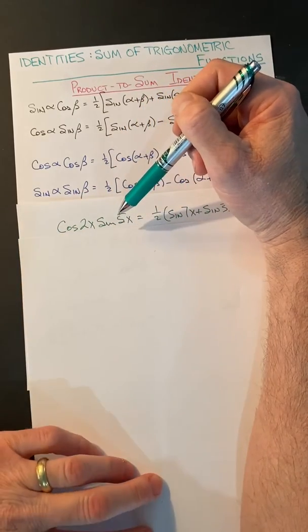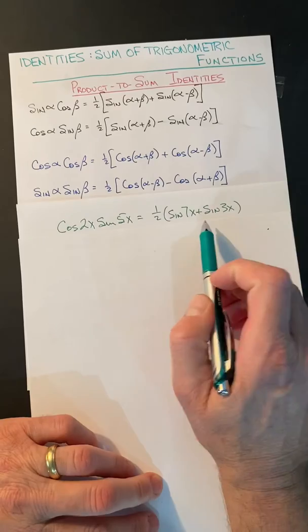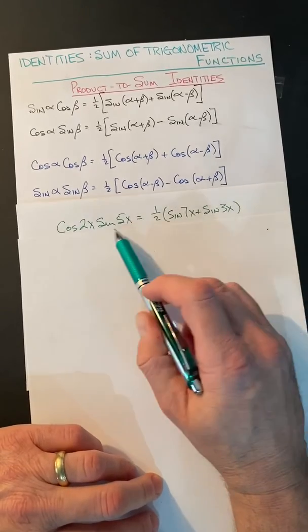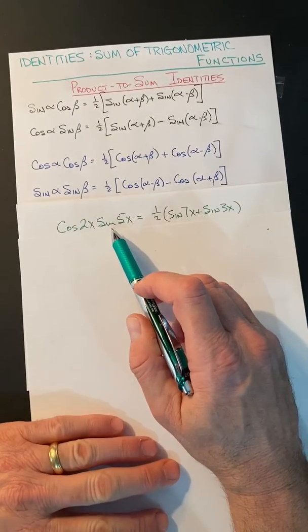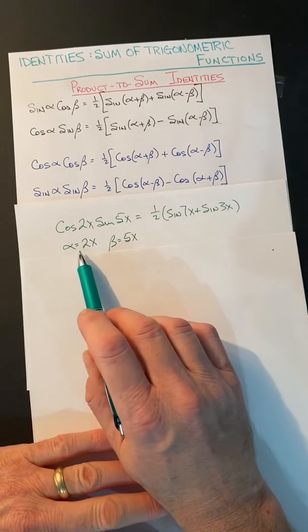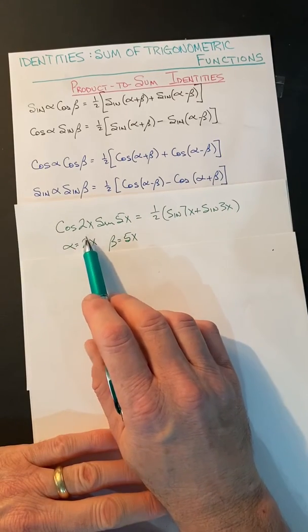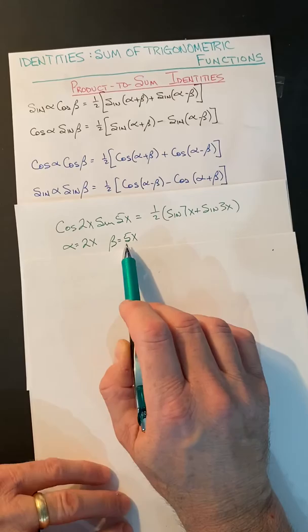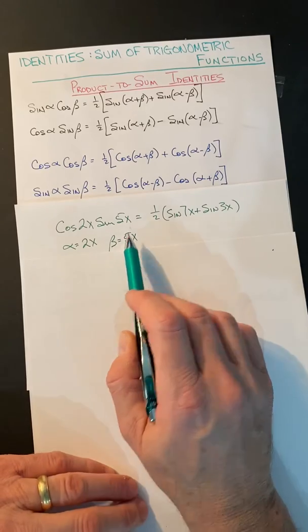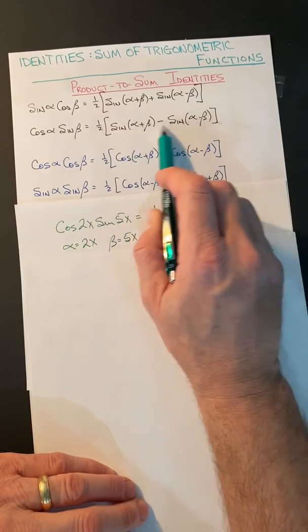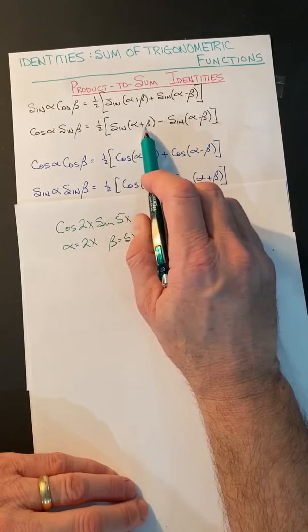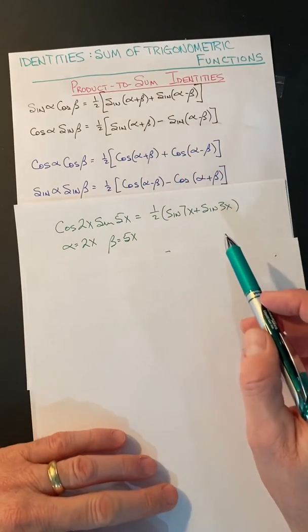So all I have to do here is pick a side, and I'm going to pick this side this time. And I'm going to have to recognize that alpha is my 2x and beta is my 5x, okay? So now I can plug directly into this formula, and let's see what happens.